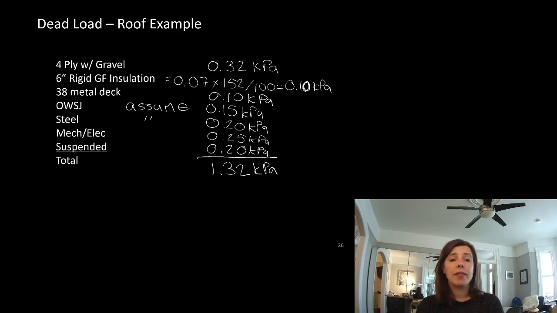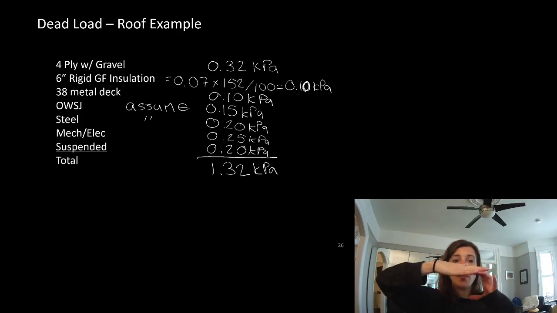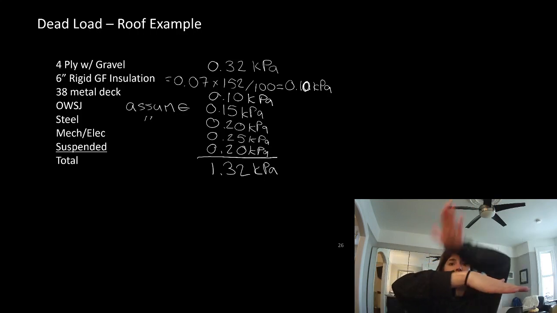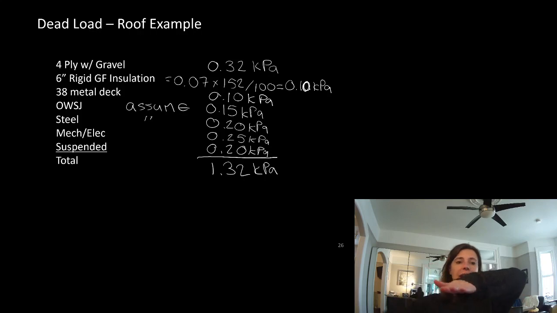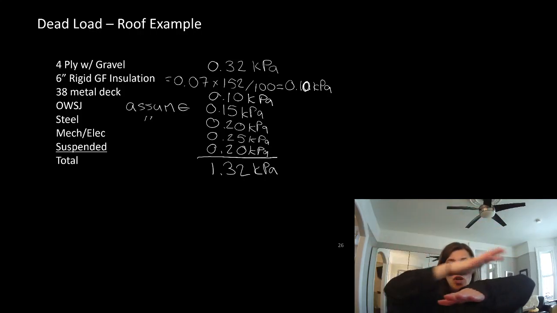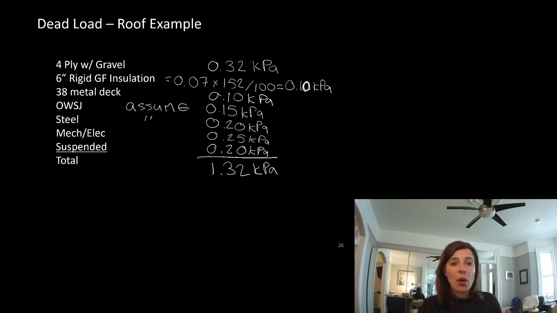We have a steel beam that holds up an open web steel joist, that holds up metal deck, that has the roofing and insulation on top of it. So all of those things are supporting themselves and the hierarchy above it, as well as the roof and the insulation.